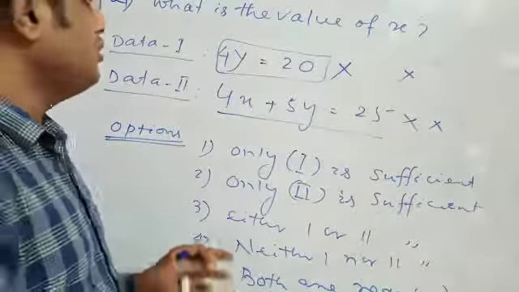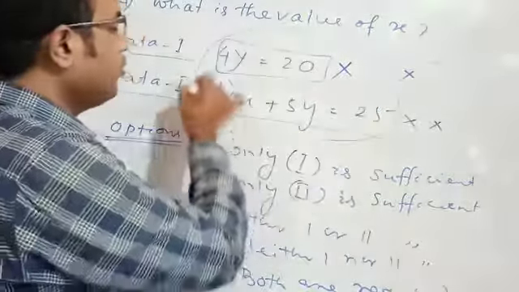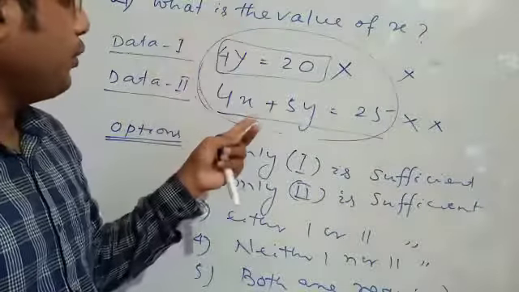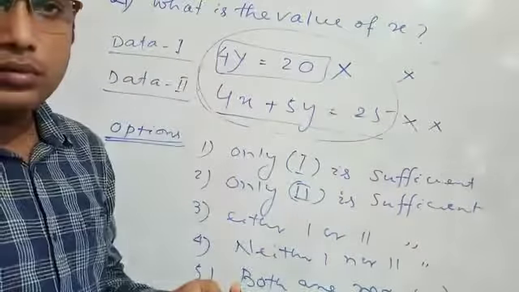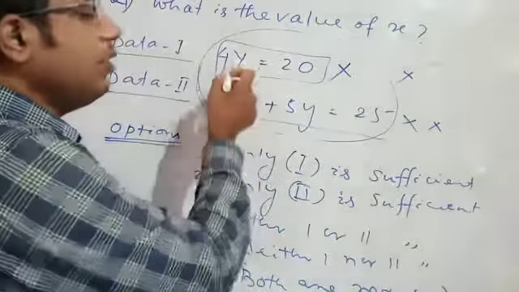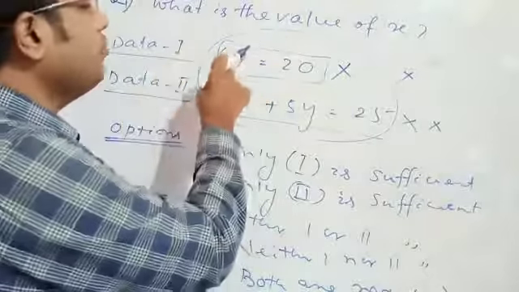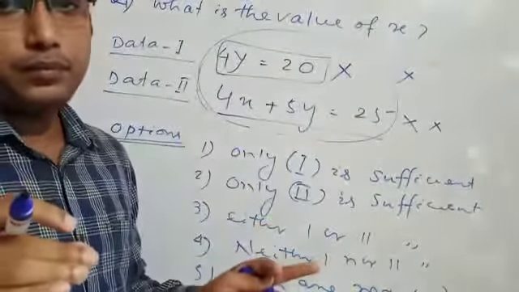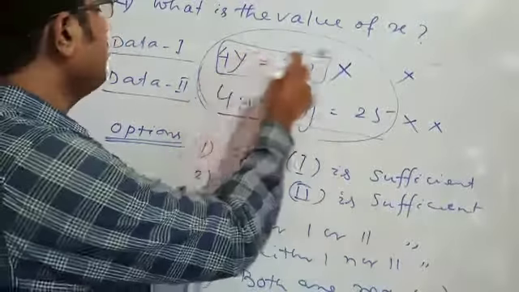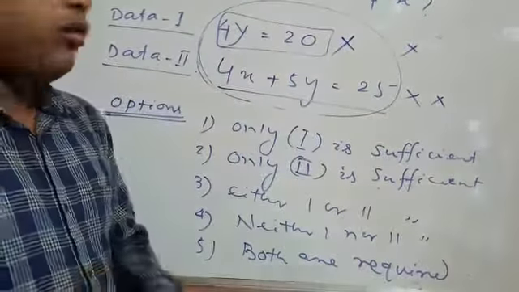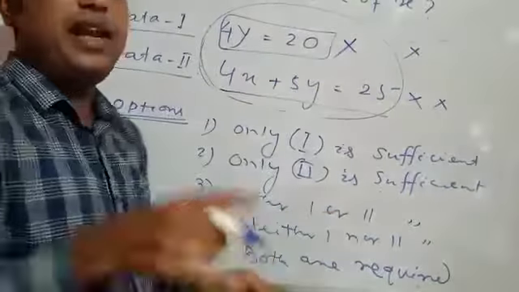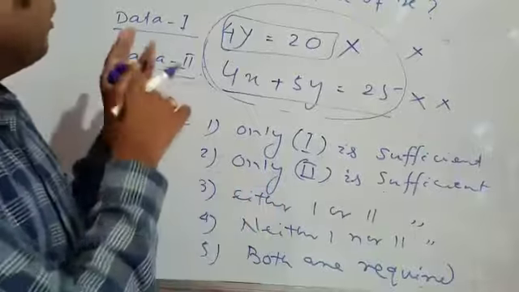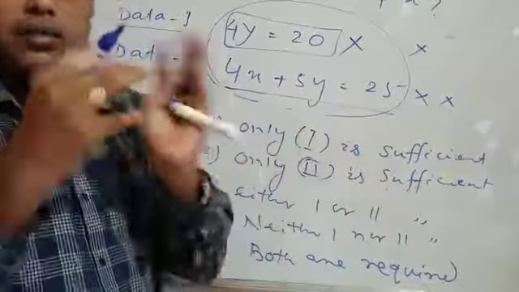Now your duty is to combine the two data. Can we determine the value of x from 1 and 2? Yes. Find the value of y from data 1, and after getting the value of y, put it in the second equation, and then definitely you find the value of x. Yes or no? This is not the exact calculation, this is the assumption.